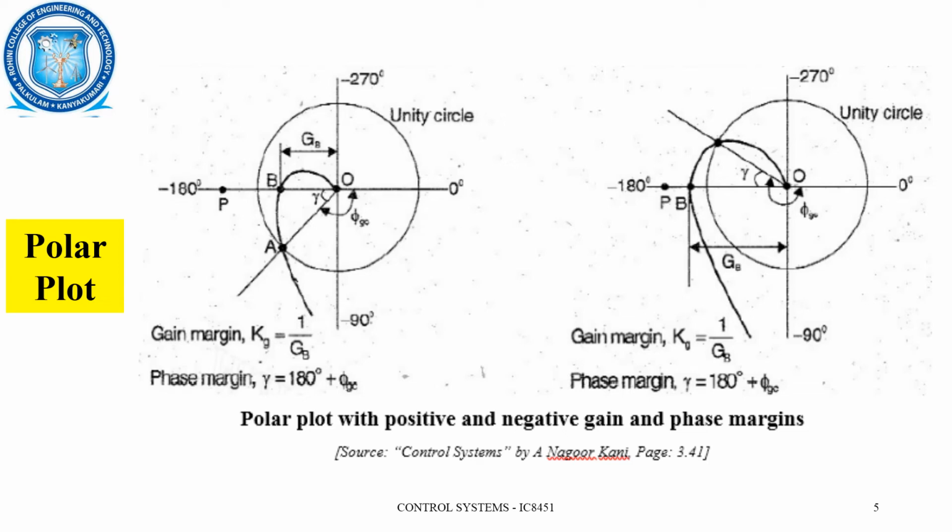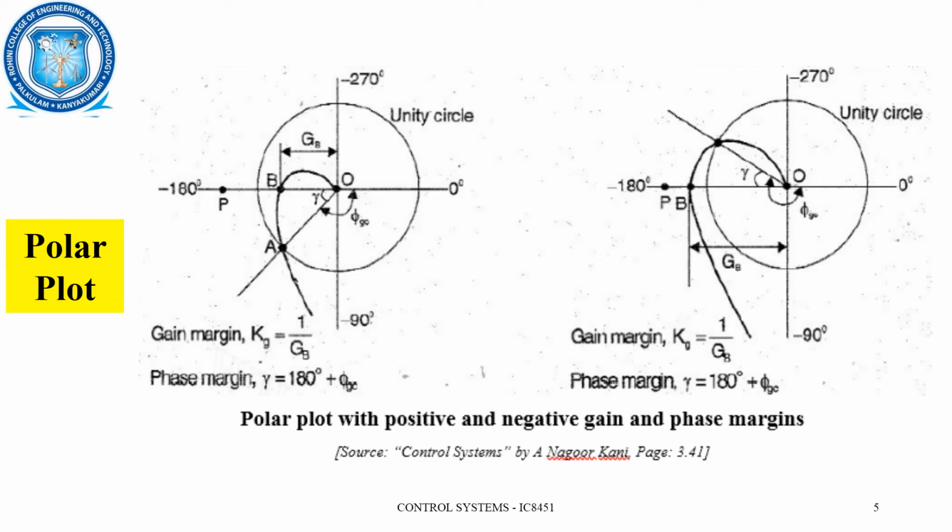So let us take the gain margin first. In the case of gain margin, we calculate it as 1 divided by the magnitude value. Now we have to find out this magnitude value. Here, this is a parallel vertical line, and this is a starting point, or else an ending point, for the polar plot.